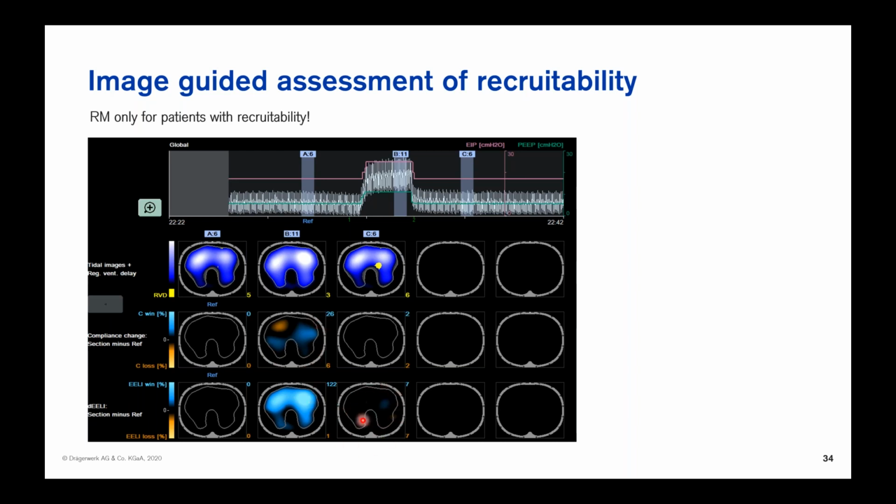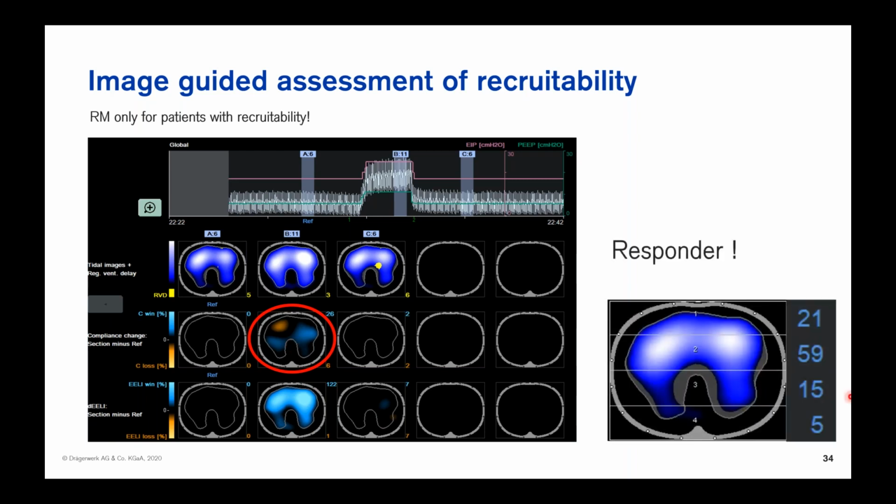Here, in this case, we do not see a significant change of the lung volume, but still this information on the regional compliance changes really suggests this patient could be a responder to a recruitment maneuver and the subsequent PEEP trial. As I said, this is a typical patient where we have 80% of the ventilation in the ventral half of the lung.